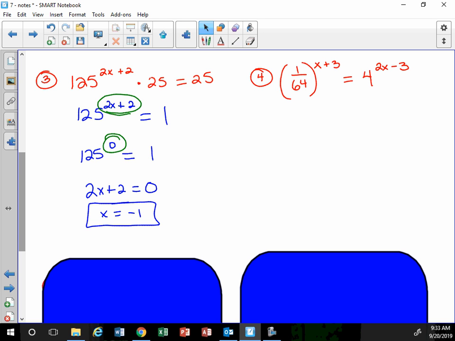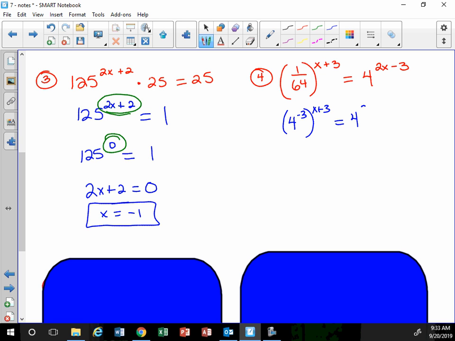Alright guys. Base 2, base 4, either way works. I'm going to go ahead and do base 4. Are we okay with that? We understand now the fraction comes from the negative exponent. We get that? Okay.